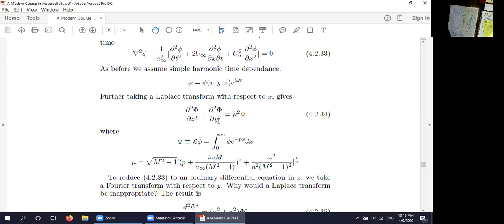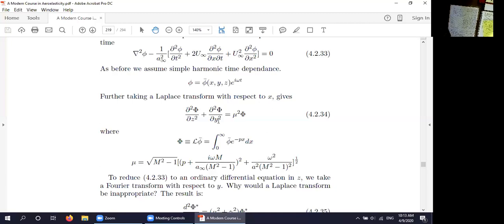Well, we've been doing transforms, so we're going to take a transform. But in this case, it is a Fourier transform, not a Laplace transform, because in the y direction, things are happening for both positive y and negative y, and they're happening both on the wing and off the wing. A Laplace transform really wouldn't work because that assumes that nothing is happening for, say, y less than 0, which is clearly not the case.